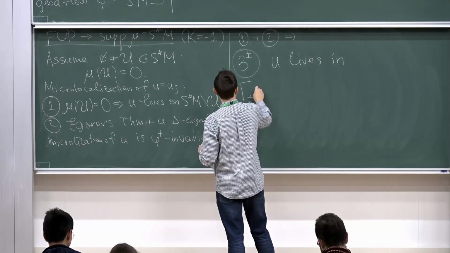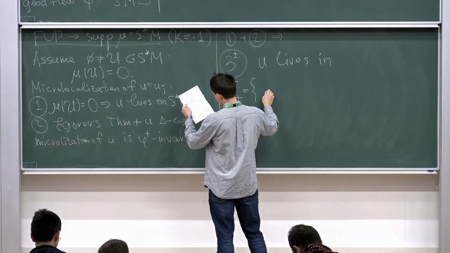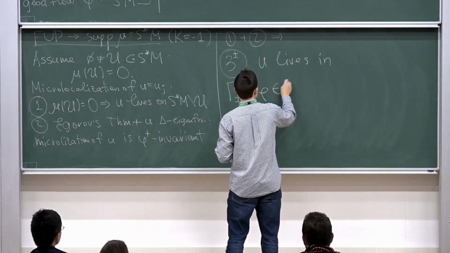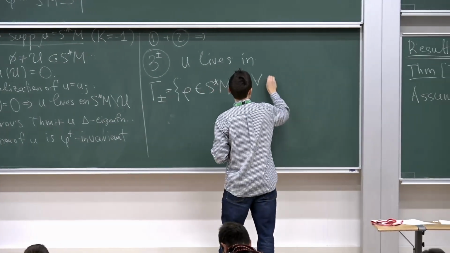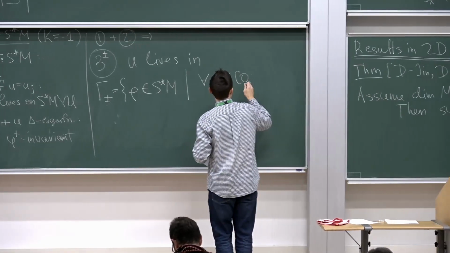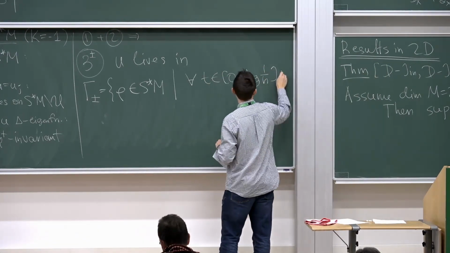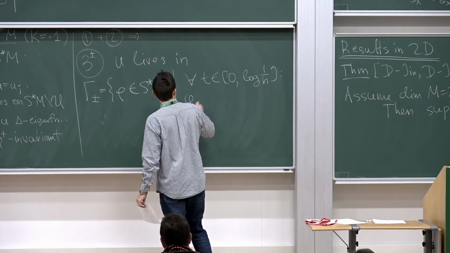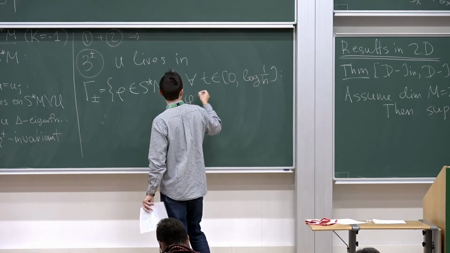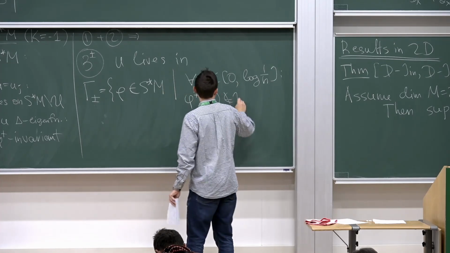I'll call them gamma plus minus, which are the sets of trajectories rho in S star M, such that for every t from 0 to, here I should really put log 1 minus epsilon, but I'll lie and put just the log, phi minus plus t of rho doesn't lie in the hole.